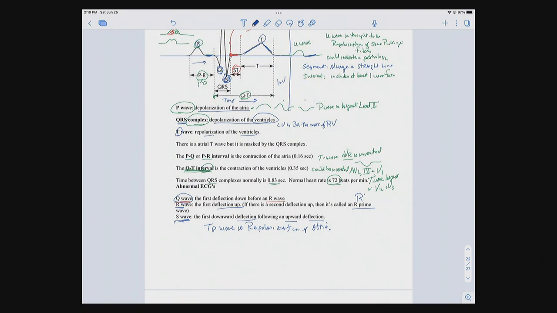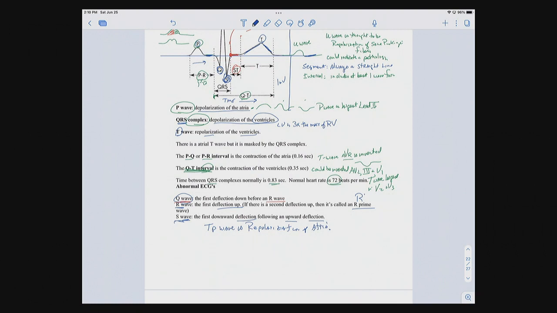Now there are pathologies such that the QRS complex is not happening during the repolarization of the atria. And if the QRS complex timing is such that it doesn't mask when the repolarization of the atria occurs, then you can see a TP wave.